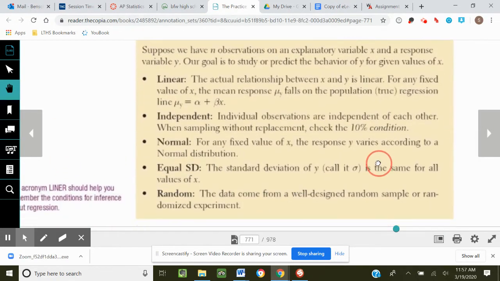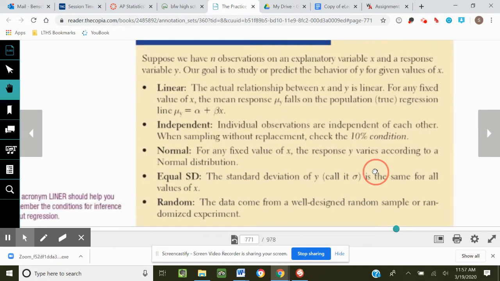Here they go, and there's your LINER. So N is the number of dots, basically, observations on our scatter plot. And our goal is to predict Y from X. So in order to do inference for slope, all of these have to be true.